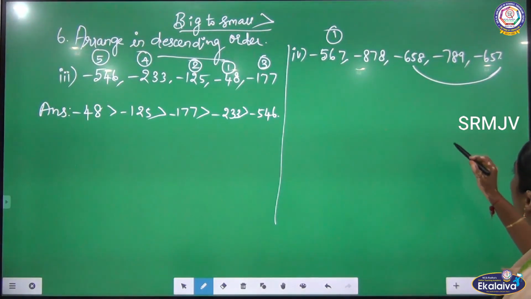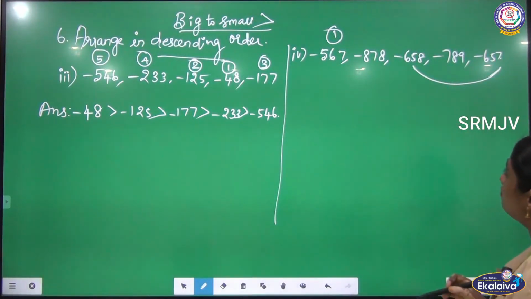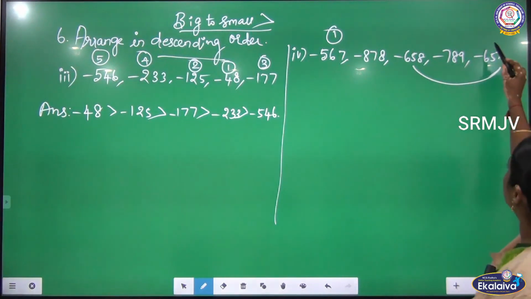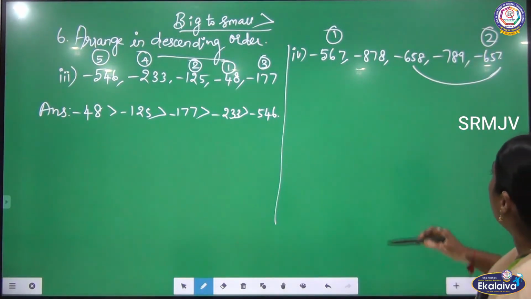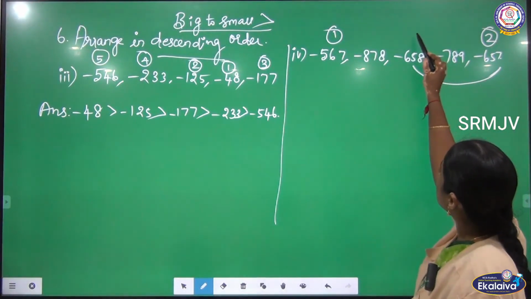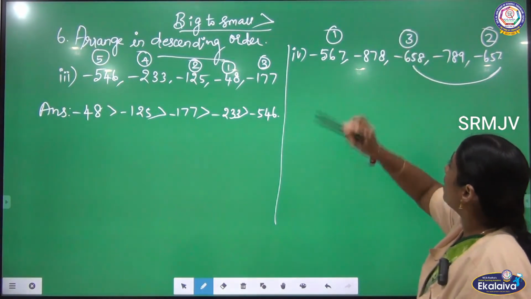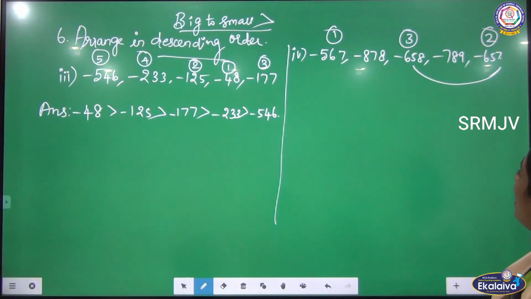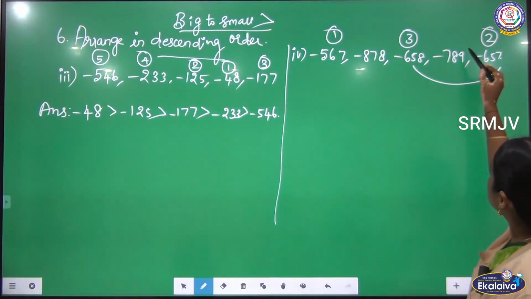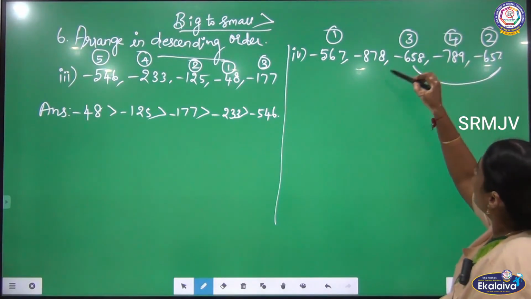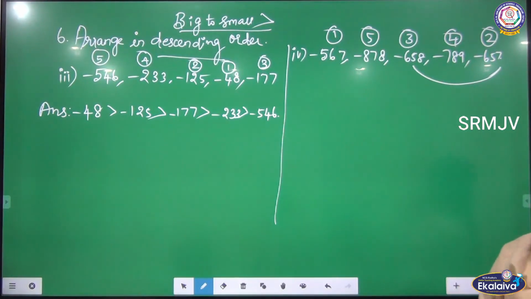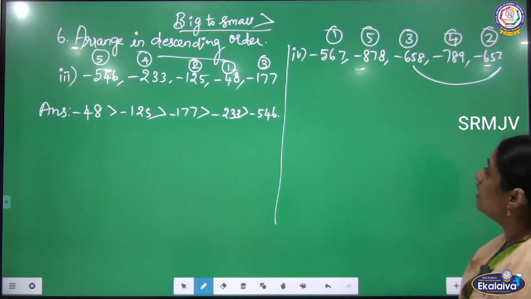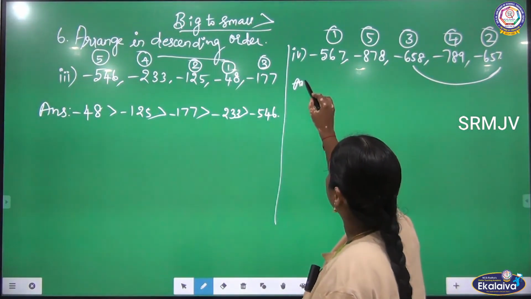So, compare here 58 or 57, which is the greater here? Minus 657 is greater. And next one is what? Minus 658. And which one is the fourth one? Listen, minus 789 and fifth one is minus 878. Now I am going to arrange this.